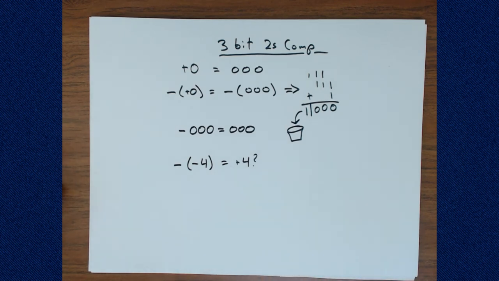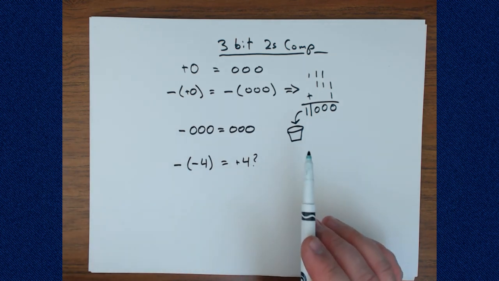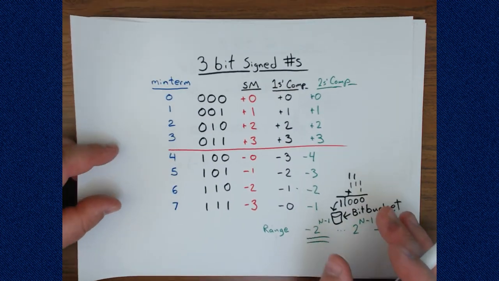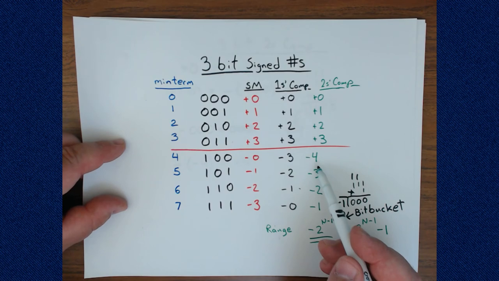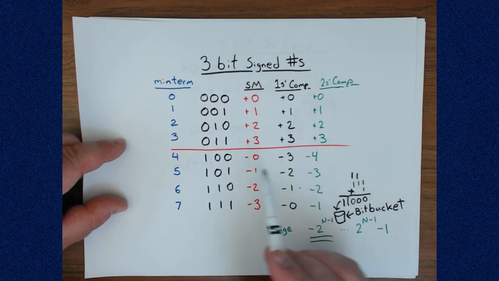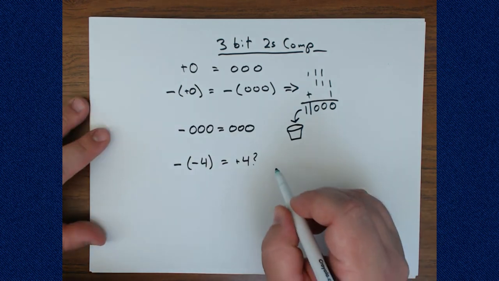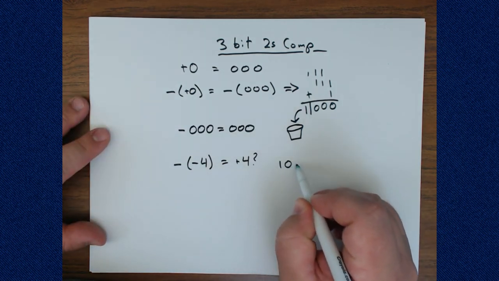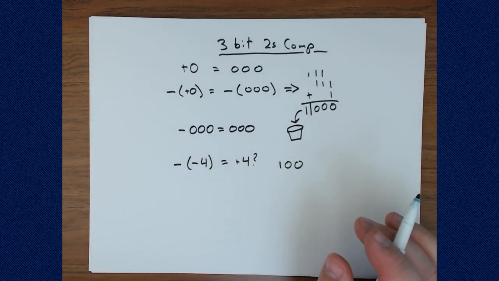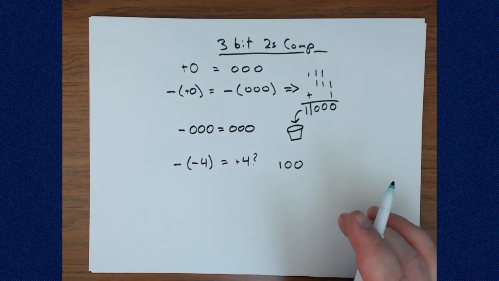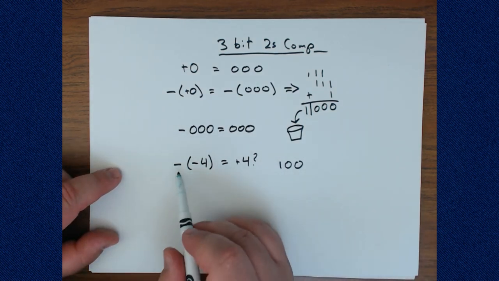First of all, we need the bit pattern for -4. We can do this one of 2 ways. I'm going to start by going directly with the table, because we arbitrarily put the -4 here because it made sense. So that's the bit pattern 1, 0, 0. So here we have 1, 0, 0, the 3-bit 2's complement representation of -4. But we now want to negate that.